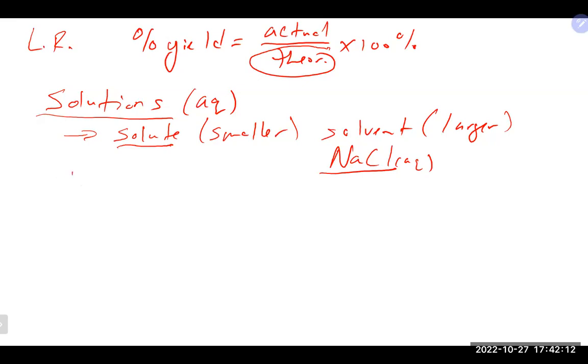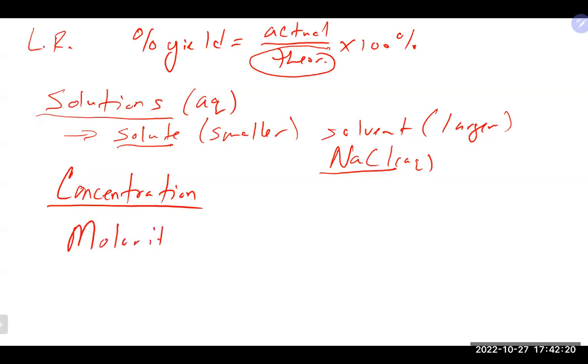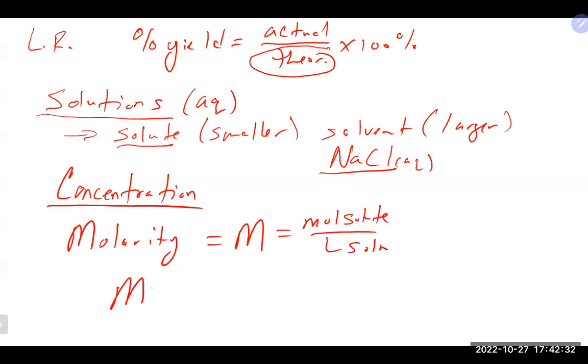We started talking about one important unit of concentration, which is molarity. And molarity is abbreviated with a big M. And the big M does stand for technically moles of solute over liters of solution. Most people just use molarity is moles per liter.